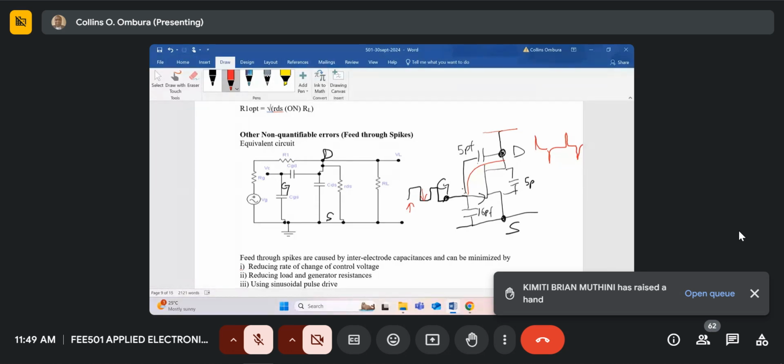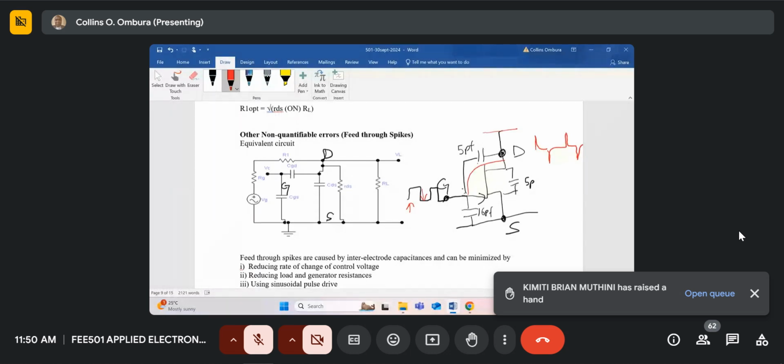These are the type of voltages which we call switching spikes that appear at the output of our switch. And the average area below these two curves, the positive-going curve and negative-going curve, will give us an offset voltage, which will appear at the output of this circuit, that output VL. So even when the input signal is zero, we can actually have switching spikes.